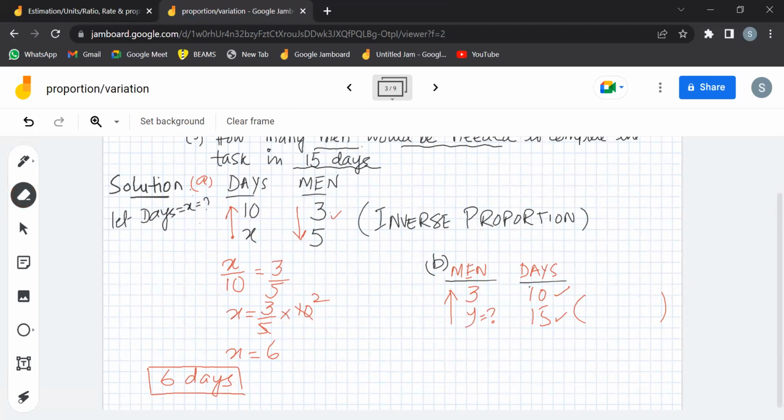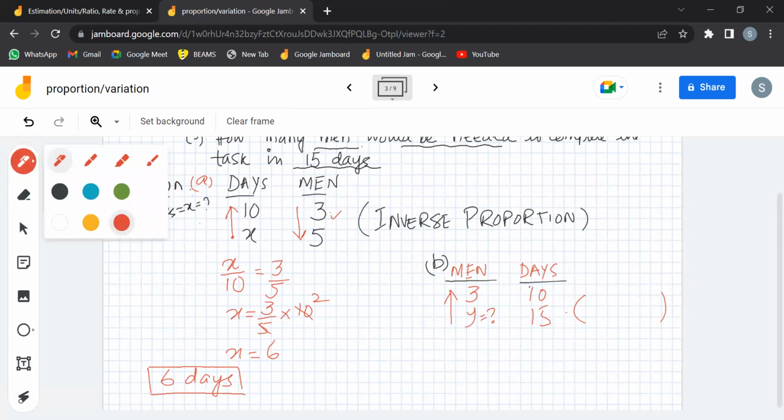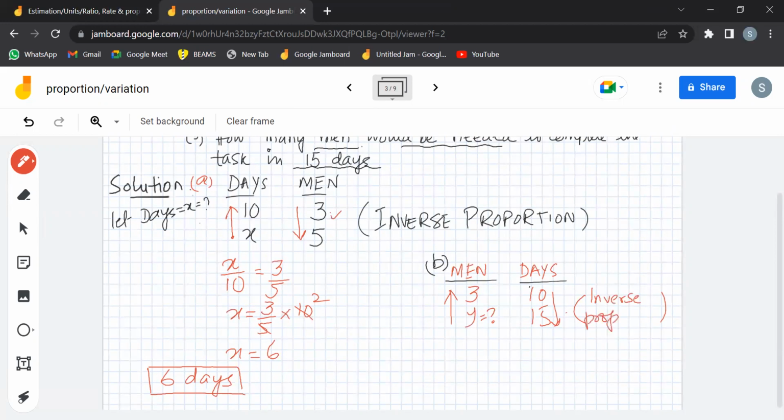So by increasing one thing, the other is decreasing. So this is the case of inverse proportion, because we have more days now, and so we need a smaller number of men to complete that task.